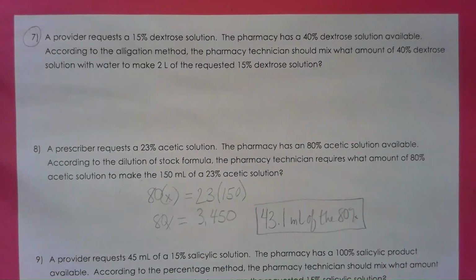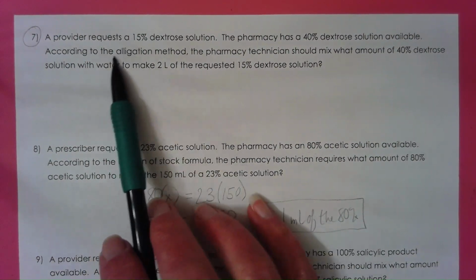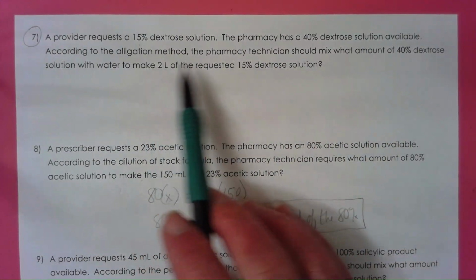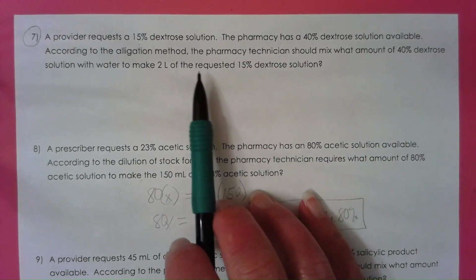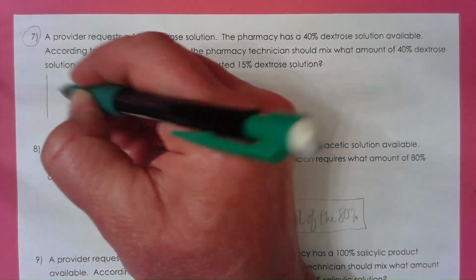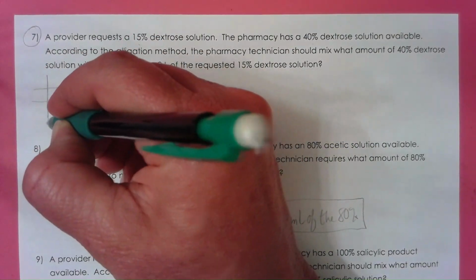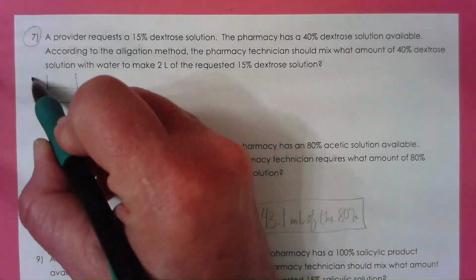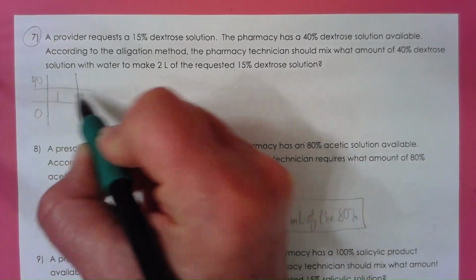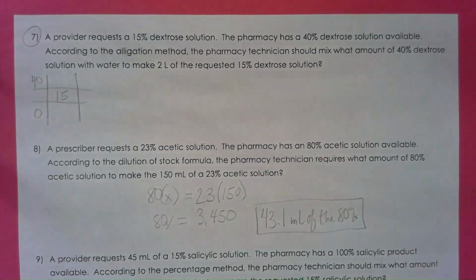So providers requesting a 15%, you have a 40, and you have water. Okay, so remember what water is. So let's do our tic-tac-toe grid. We have our highest concentration is 40, lowest is 0, and what we want in the middle is 15, right?